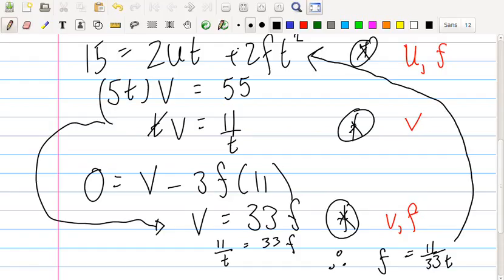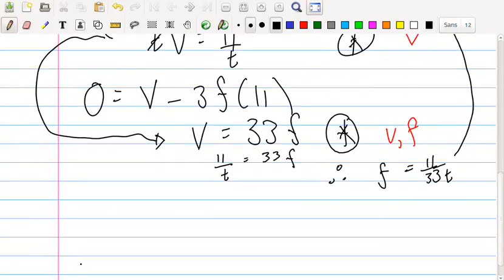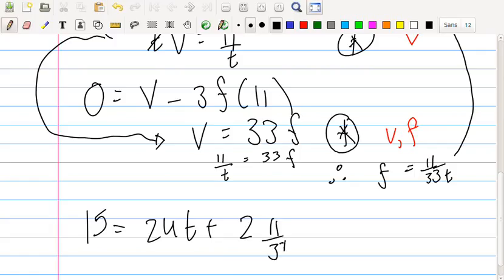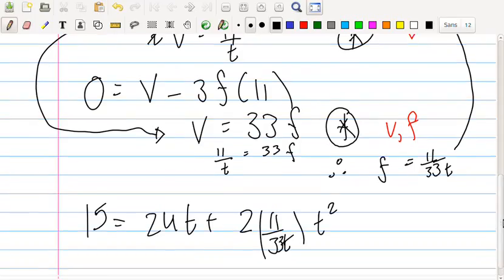Then we plug that back into this one. Do you have this one written down? If you could read it out. 15 equals 2ut plus 2ft squared, with f as 11 over 33t.